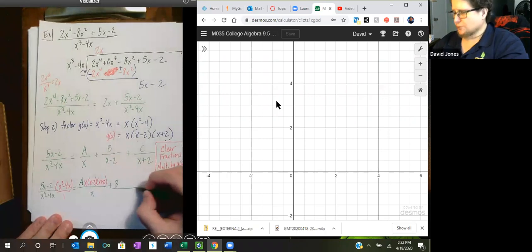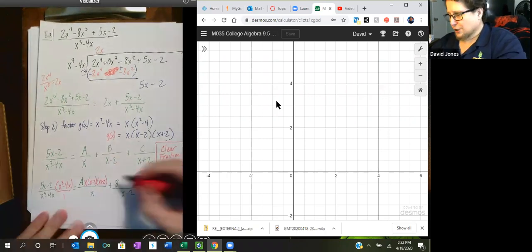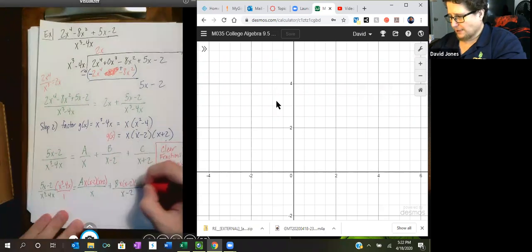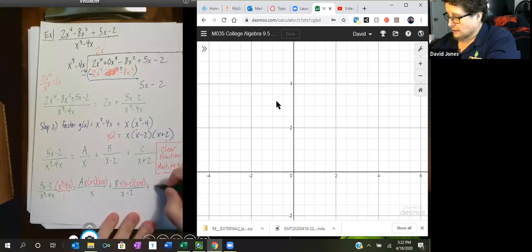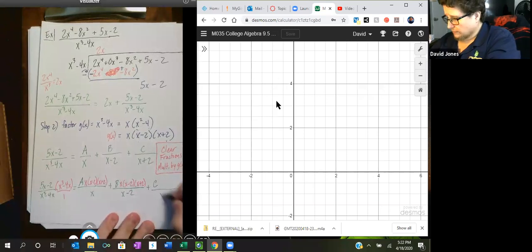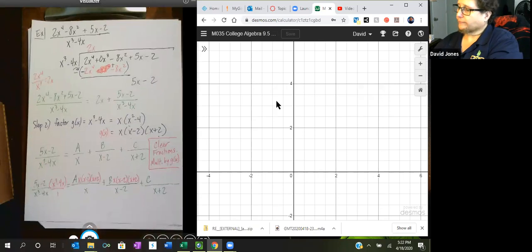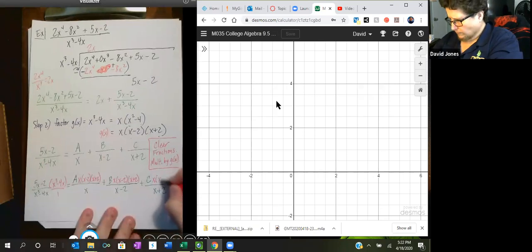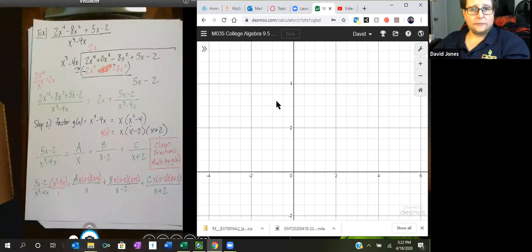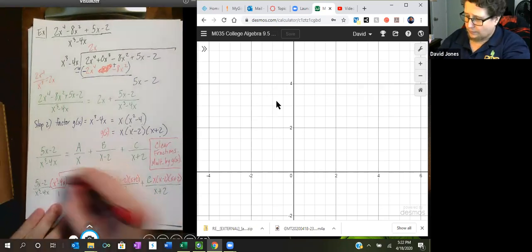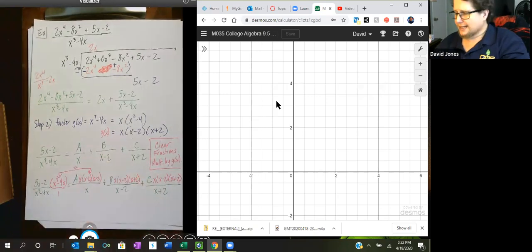Once you get some practice with this, you will start skipping this step, because this just takes up a lot of writing, really. Where these two are equal. So all I did is multiply everything by the common denominator.